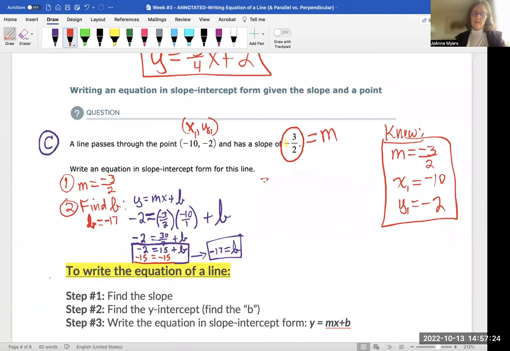Step 2 is find b. Step 3 is write the equation. Write y equals mx plus b, filling in your m and b. M is negative 3/2. I need the x and the y plus a negative 17.